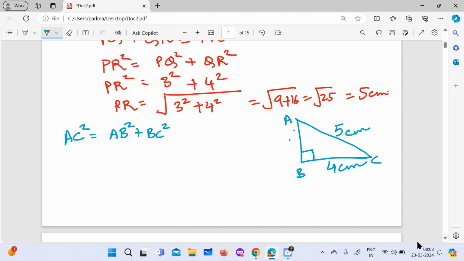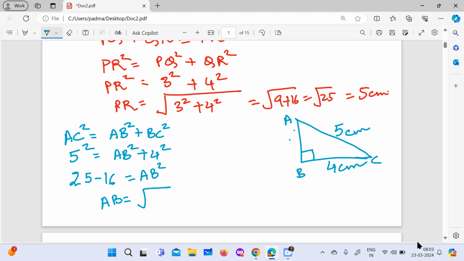So we just input the values. 5 square equals AB square plus 4 square, and then you transpose it, so you get 25 minus 16 equals AB square, and then we have AB equals square root of 25 minus 16, which is 9, and hence you get 3 here. So the length of side AB is 3 centimeter.